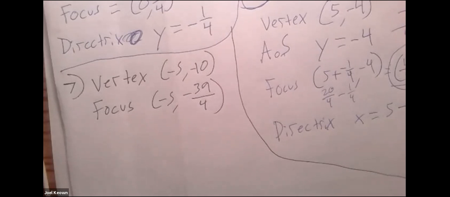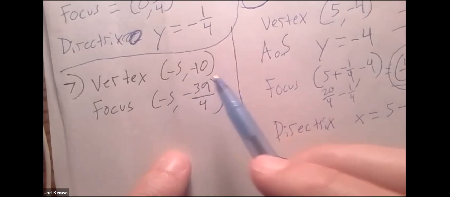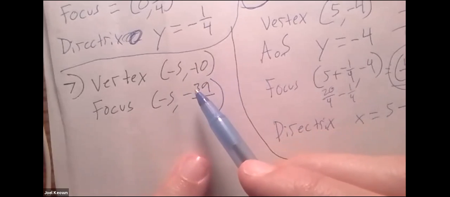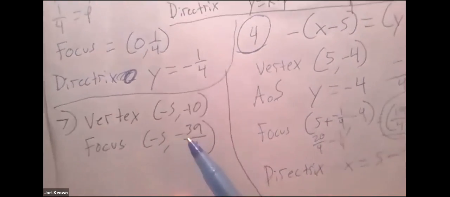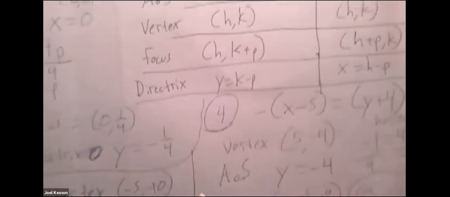You'll notice, looking at these 2 points, that the x value is the same on both of them. It's the y value that's changed. And I'm pretty sure that's going to give it away whether I'm vertical or horizontal.